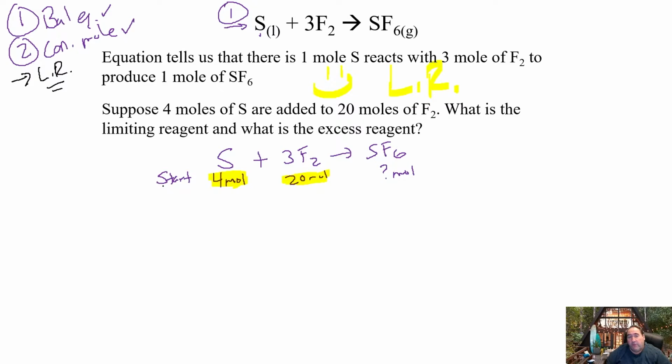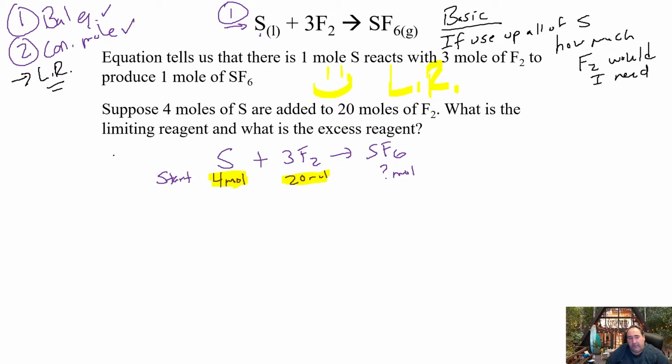So to figure out which one is the limiting reagent in terms of our 2 reactants, we're just going to do a basic stoichiometry problem where we're going to figure out, in this case, if I want to use up all of my sulfur, how much fluorine would I need?